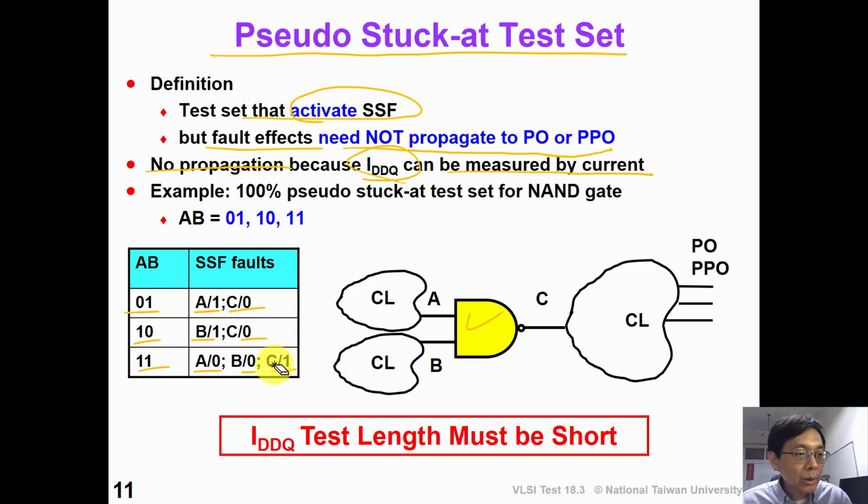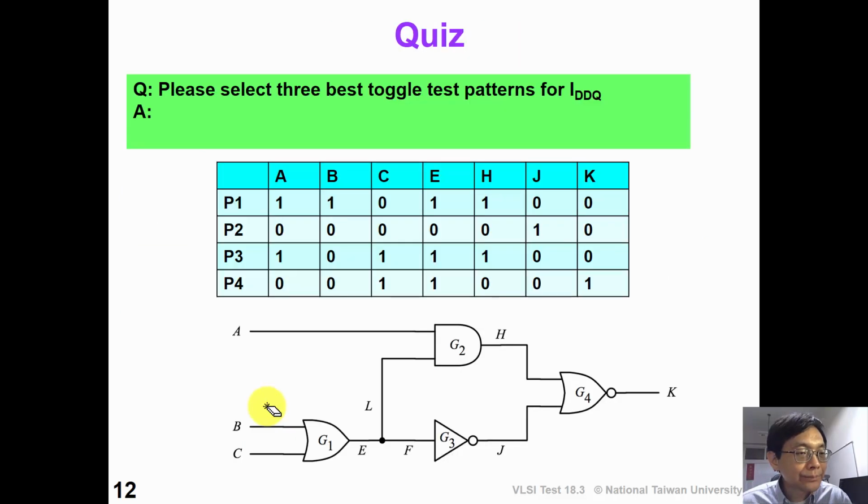So, we only need 3 test patterns to have a 100% pseudo stuck-at test set, and we don't need to worry about fault effect propagation. So you must remember that an IDDQ test set must be very short to be applied at minimum cost.